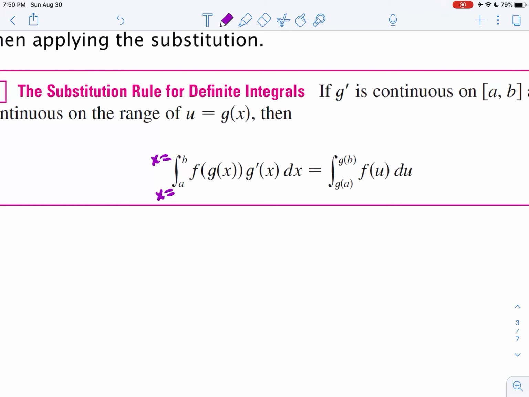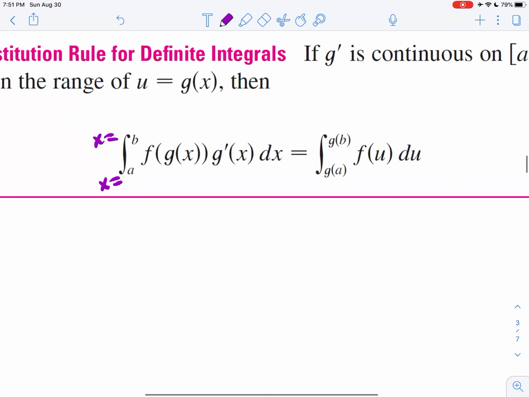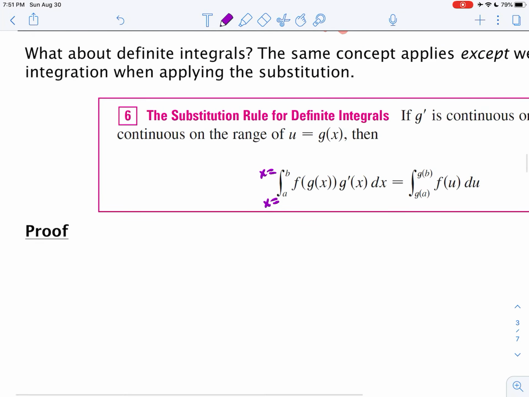Or you can make a U substitution, change the limits of integration to be in u, and then calculate the integral with respect to u, but then you don't back substitute, and you can perform the fundamental theorem of calculus on u.